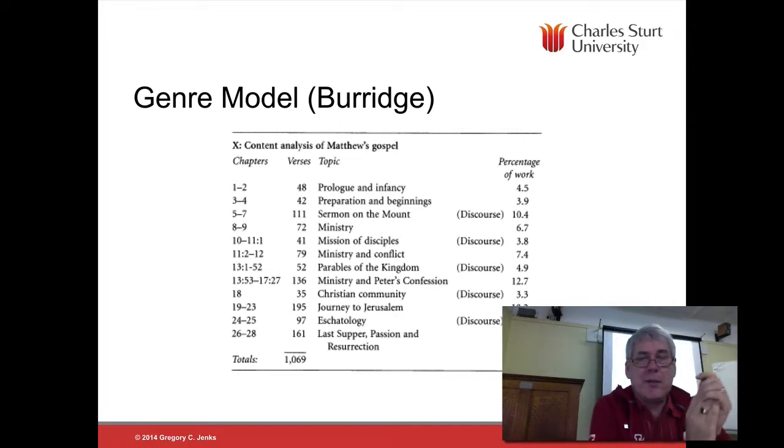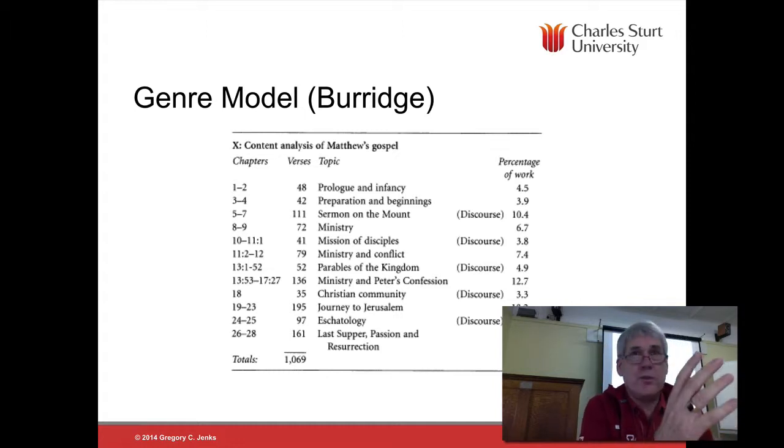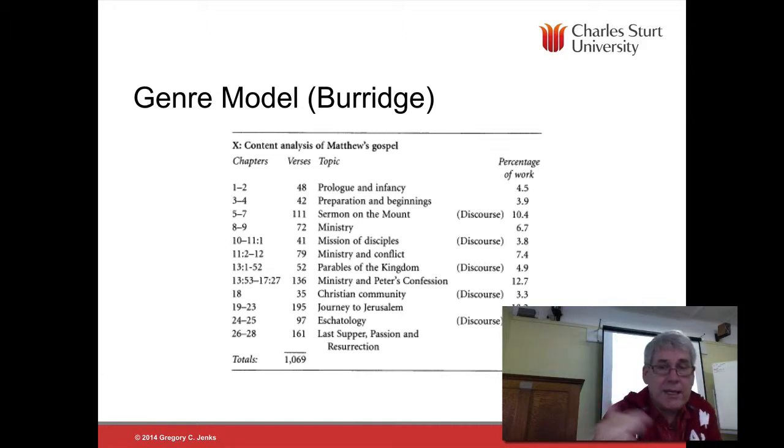Now, part of the problem for us is that Matthew is actually incredibly complex, and he gives us so many potential organisational markers that we're not sure which are signs and which are just decorations. So what we've got here, I guess, is a version of the narrative discourse structure, but put within the genre of biography.